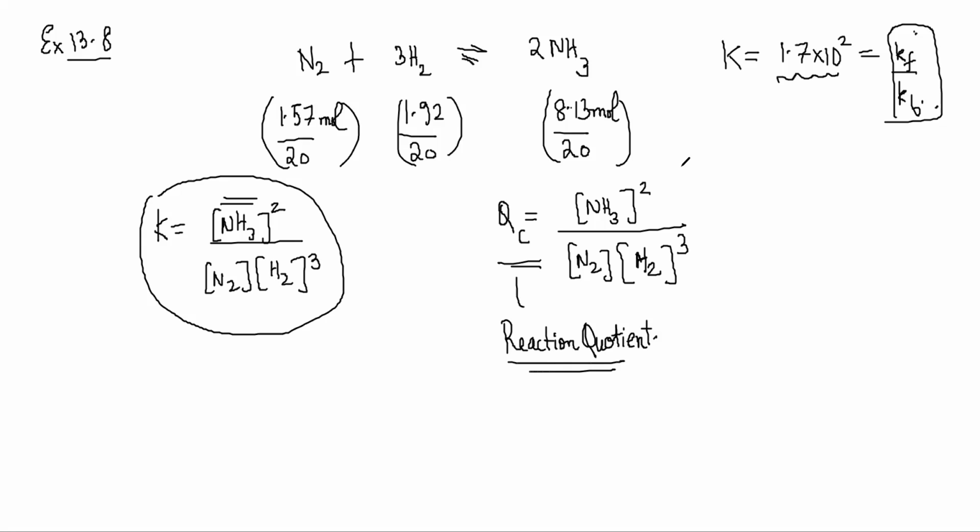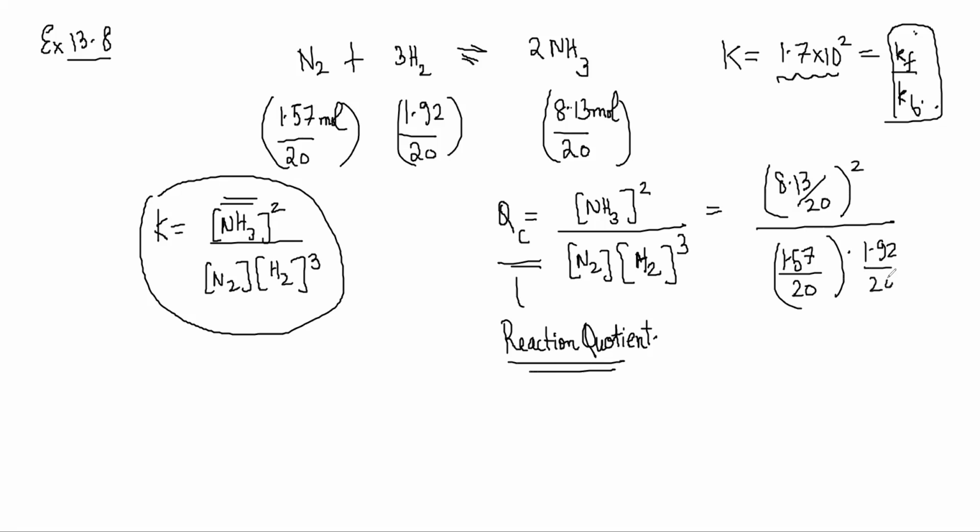So this is going to be 8.13 by 20 whole square, by 1.57 by 20 multiplied by 1.92 by 20 whole cube. So 20 square here and 20 to the power 4 here, so 20 square will come to the numerator. It becomes 8.13 whole square by 1.57 into 1.92 whole cube.